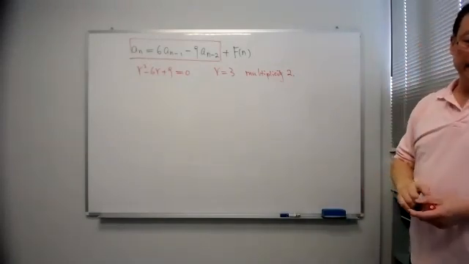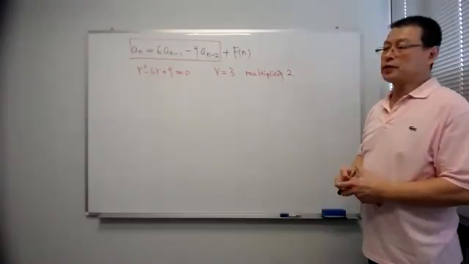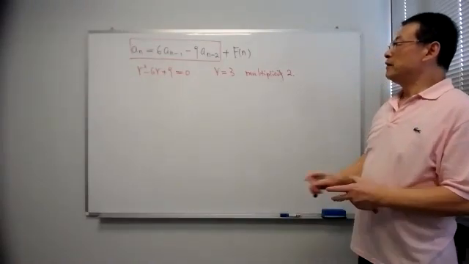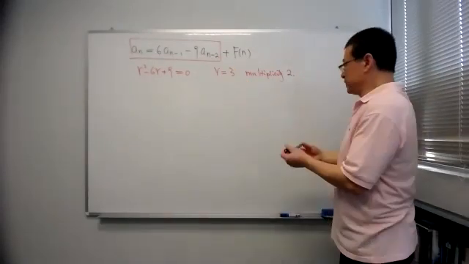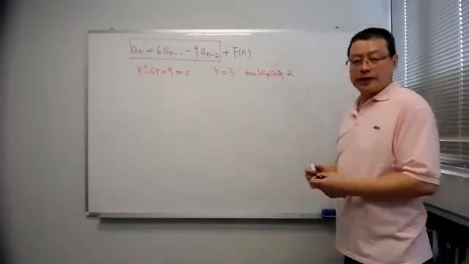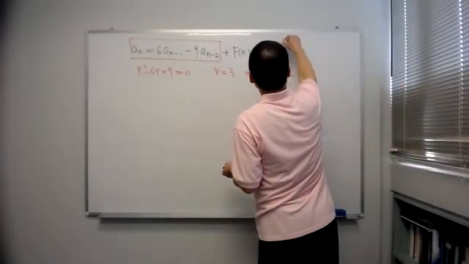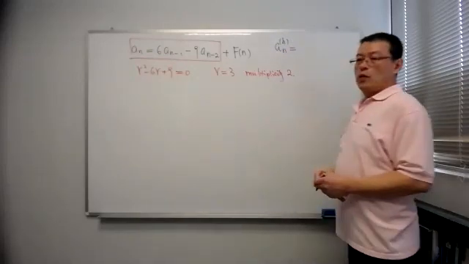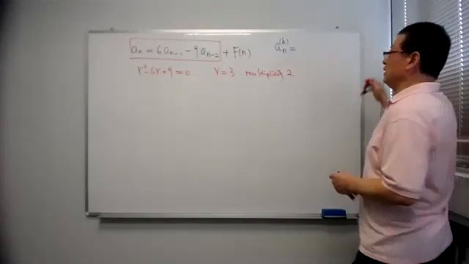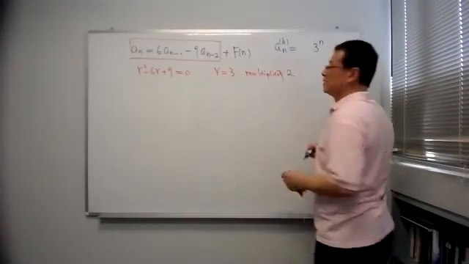So that's the situation. Now for different values of f of n, the particular solution will be different. For the homogeneous part, we've learned on Monday already, the solution of the homogeneous part will have the form n times 3 to the power n.